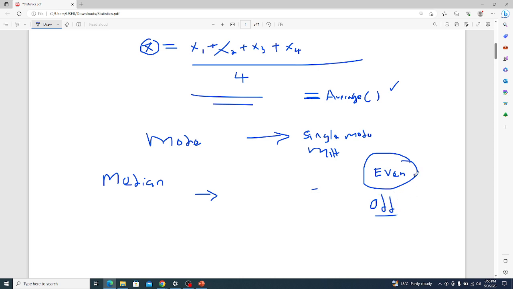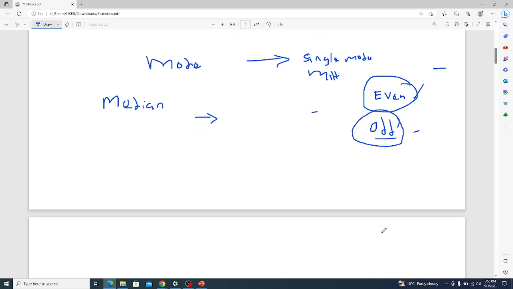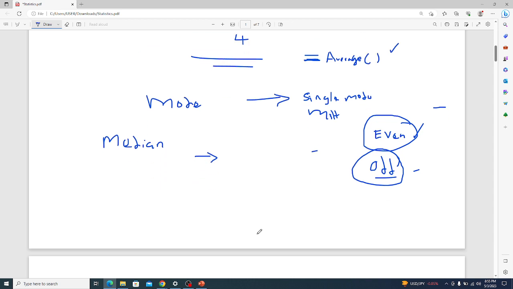When it is even, you take the 2 middle values, add them, and divide by 2. If your data set has an odd sample size, then you definitely take the most middle value.